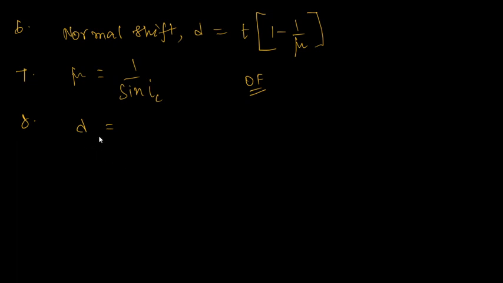This lateral shift can be calculated from the thickness of the medium t, and then the reciprocal of cos, that is secant of the refracted angle, secant r, into sine of the difference between the incidence and the refracted angle, i minus r. So this is a very important formula to find out the bending of light rays in a given medium.